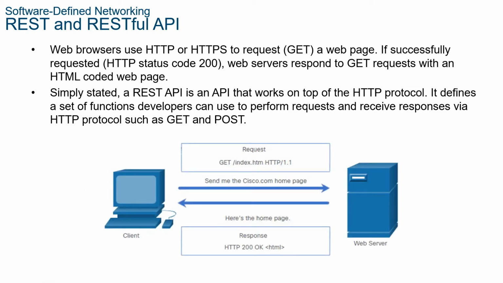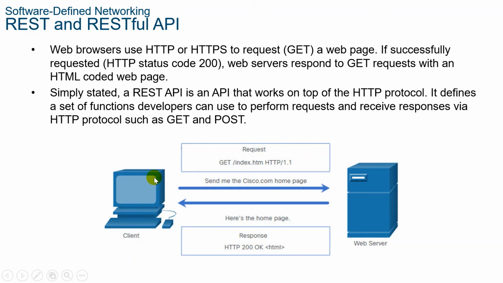Okay, so web browsers use HTTPS to request or get data from a web page, as shown in this diagram here. REST is an architectural style for designing web service applications. It refers to a style of web architecture that has many underlying characteristics and governs the behavior of clients and servers. Simply stated, a REST API is an API that works on top of the HTTP protocol.